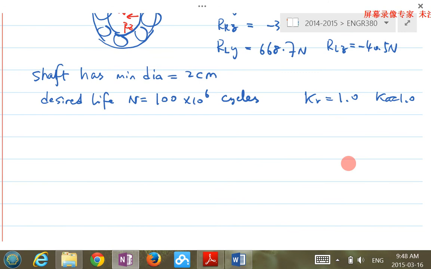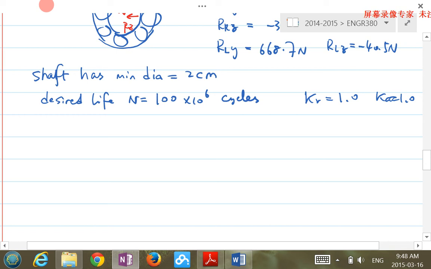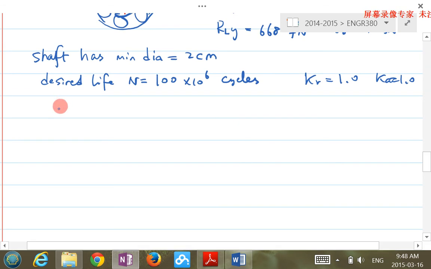So in order to calculate that value, we have to calculate the loading condition, the R. There are two sides here. If I look at the right side, then the total radial load is the square root of Ry squared plus Rz squared. That's your total radial load on the right side.